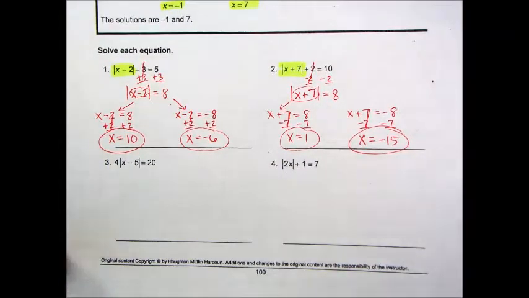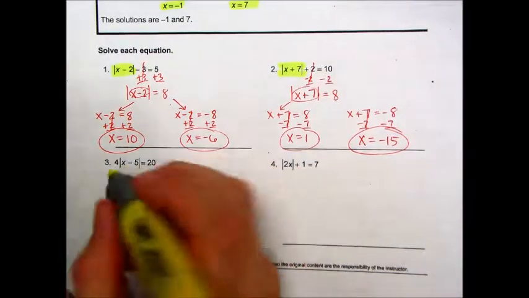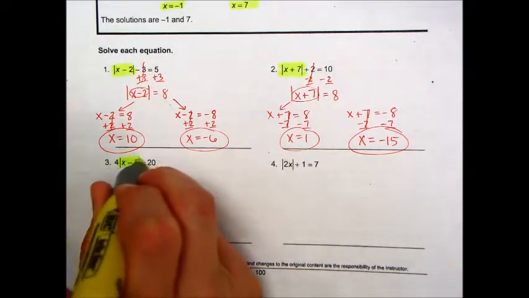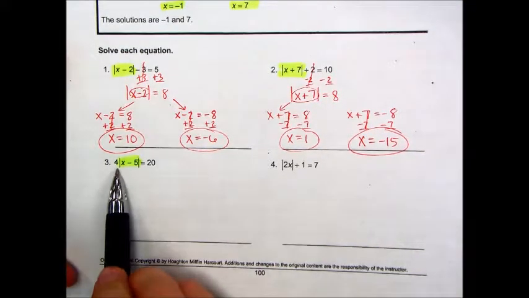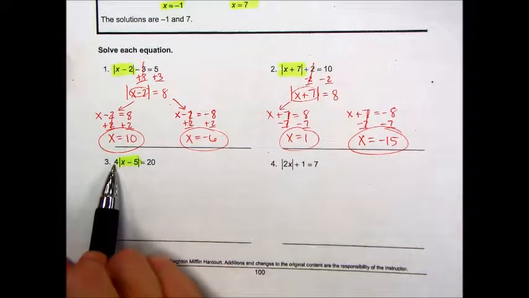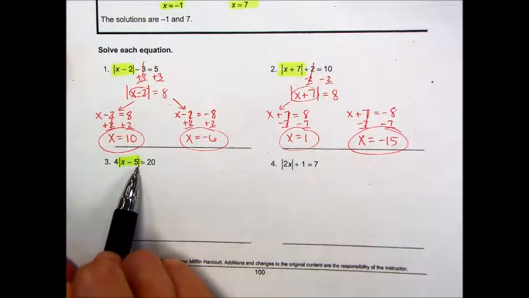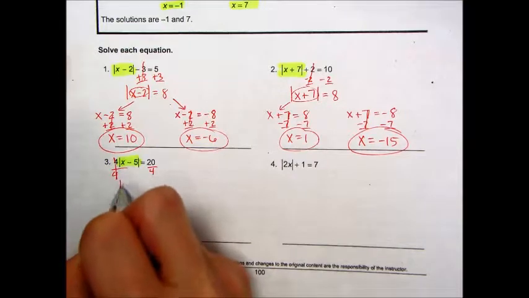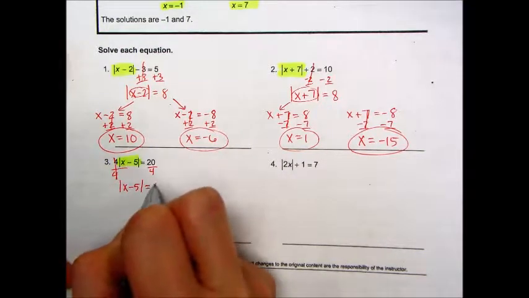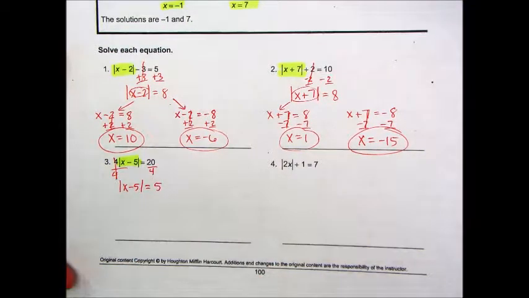All right, number 3. Here is your absolute value part. The x minus 5 is in the absolute value sign, so this time you have to get rid of the 4. That says 4 times the absolute value of x minus 5, so you would divide by 4. So you're going to have the absolute value of x minus 5 equals 5.